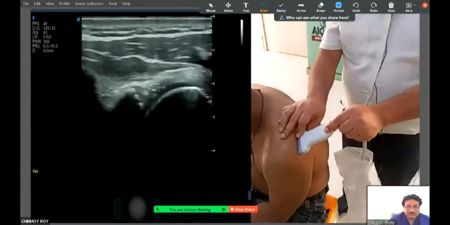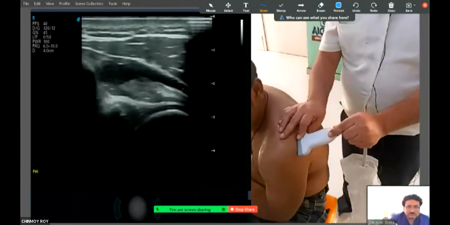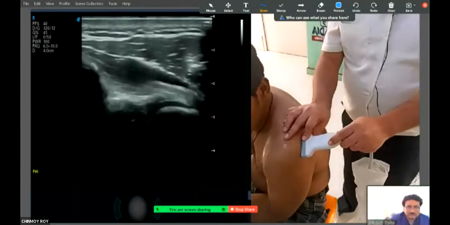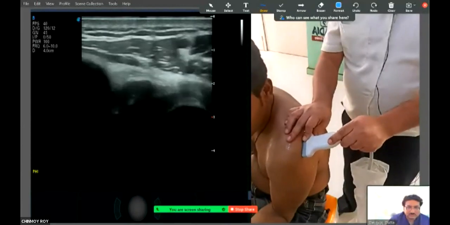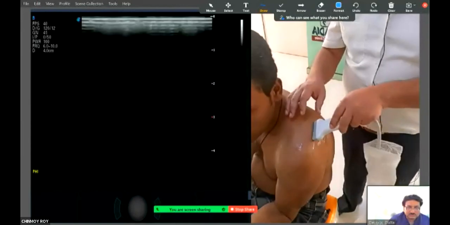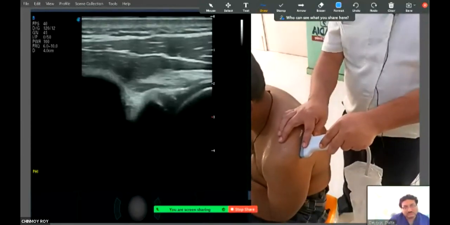These small movements, the humeral head going inside and coming outside, may not be that smooth in every patient and can cause impingement.